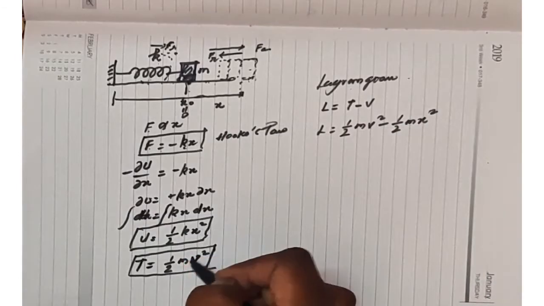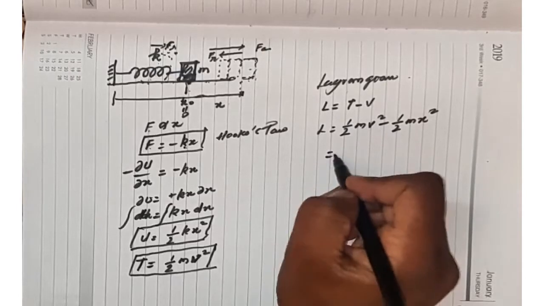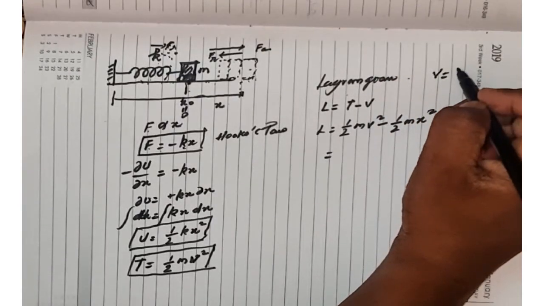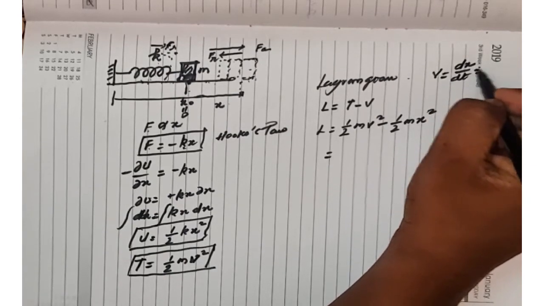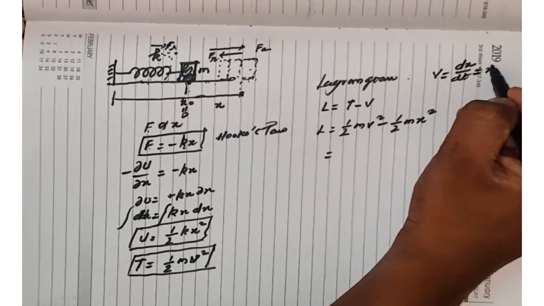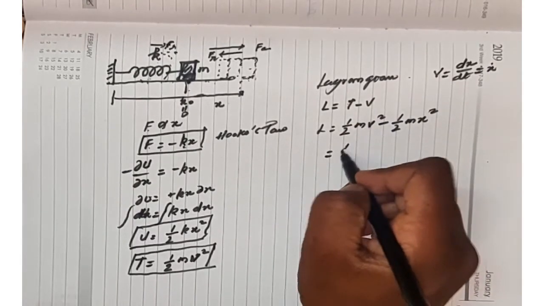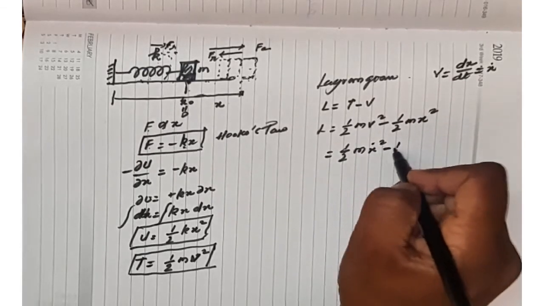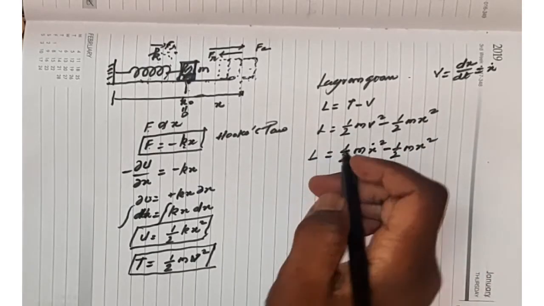Already we know the kinetic and potential energy. The velocity, from the definition, is the rate of change of position dx by dt, or you can write any time derivative by putting a dot, x dot. So the v square you can replace with x dot square. This is the Lagrangian.